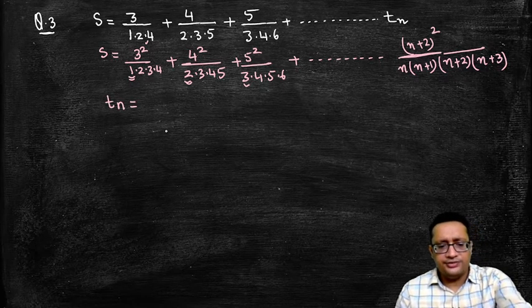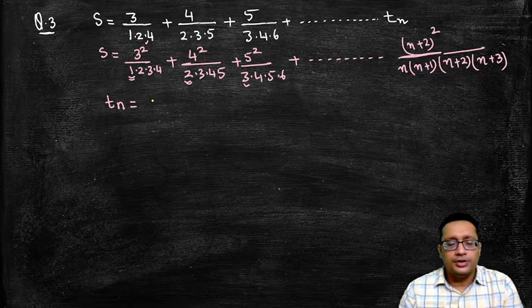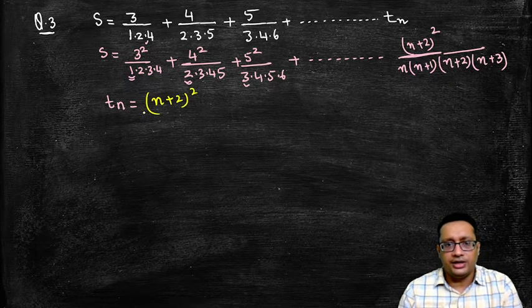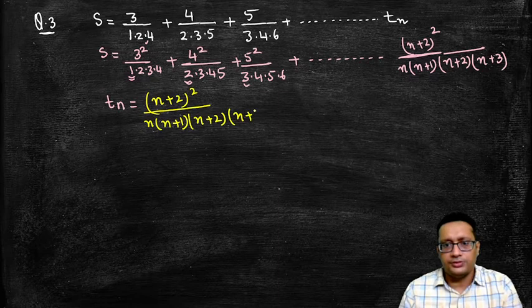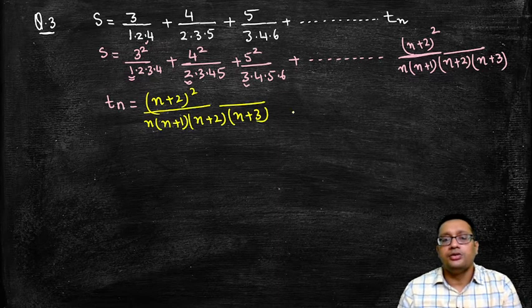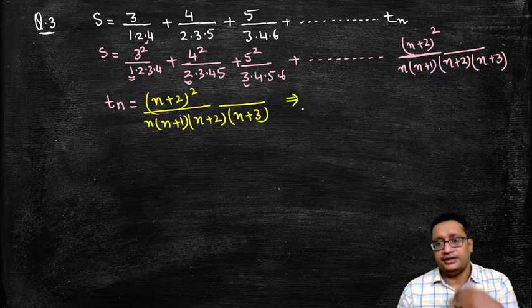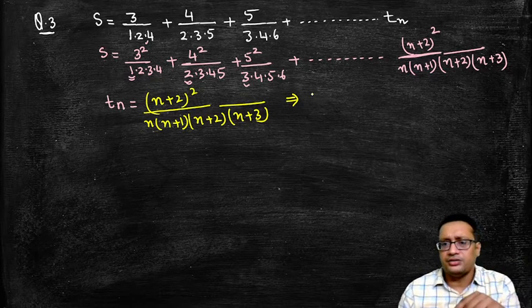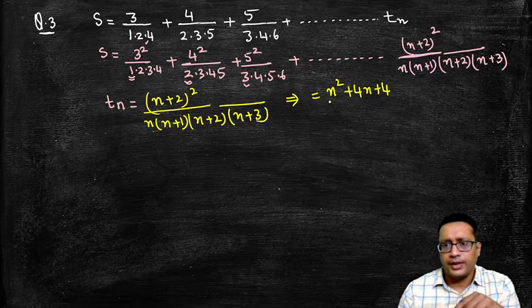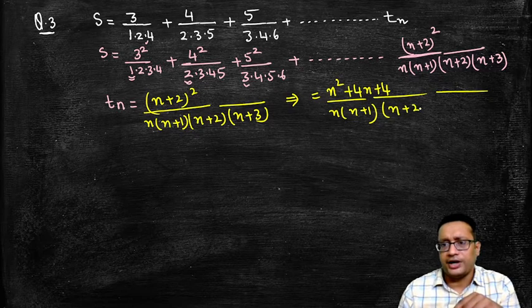So Tn is n plus 2 whole square divided by n into n plus 1, n plus 2 and n plus 3. Now I can write this nth term, and if I break it, this becomes n square plus 4n plus 4 divided by n into n plus 1, n plus 2 and n plus 3.